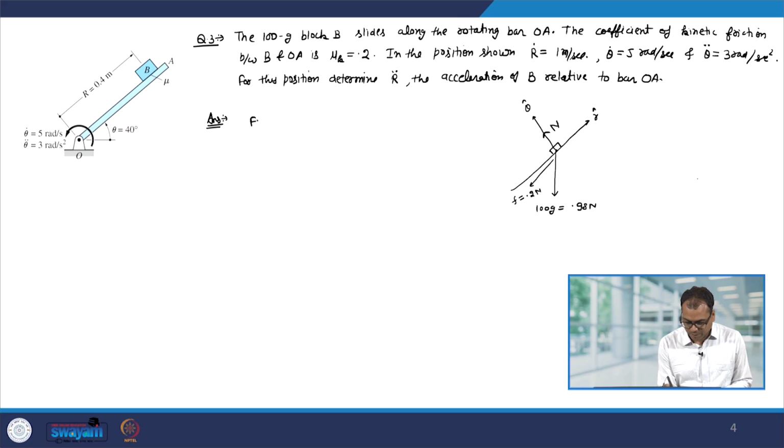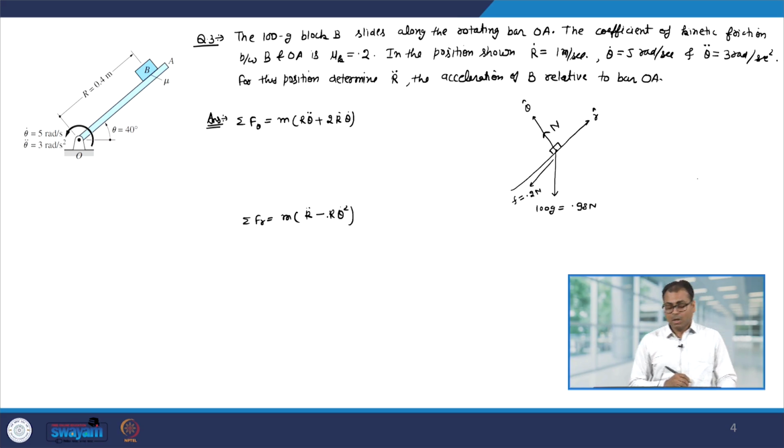So, we have summation f theta equal to m times r theta double dot plus 2 r dot theta dot, and we have summation f r equal to m times r double dot minus r theta dot square. From the free body diagram, let us find out what are the forces in the f theta direction and what are the forces in the f r direction.